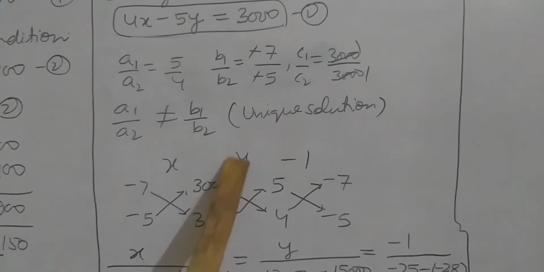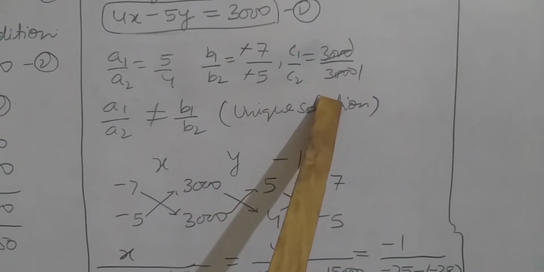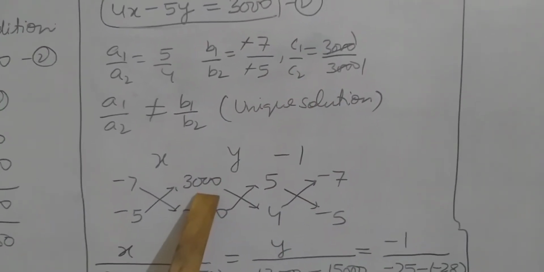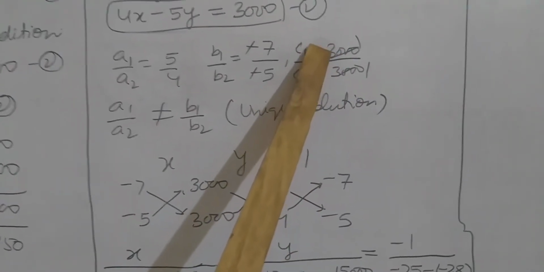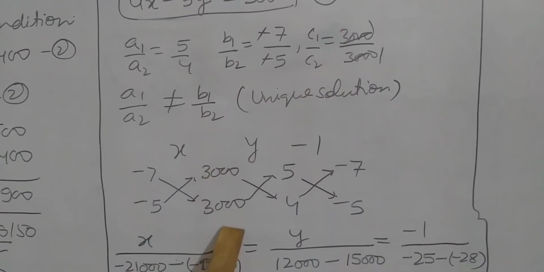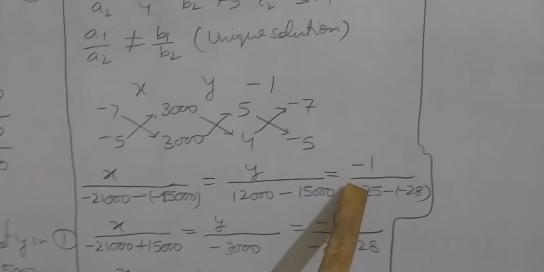Remember, we have to write the original value, not the simplified value, so we write 3000 upon 3000, not 1 is to 1.